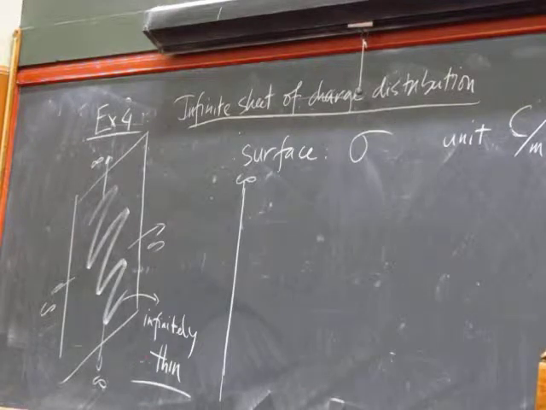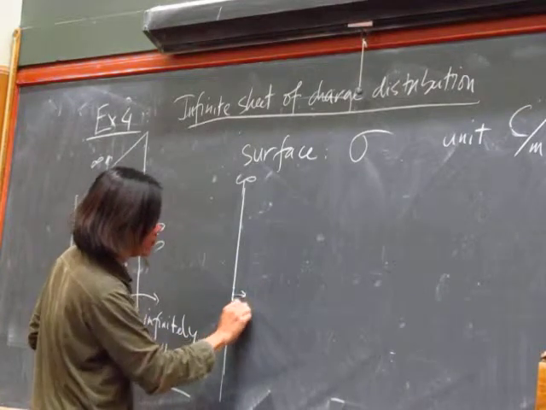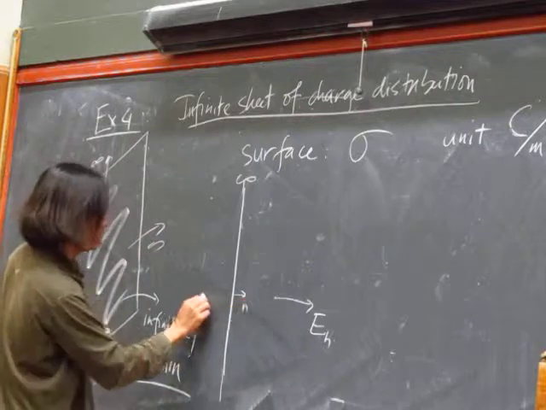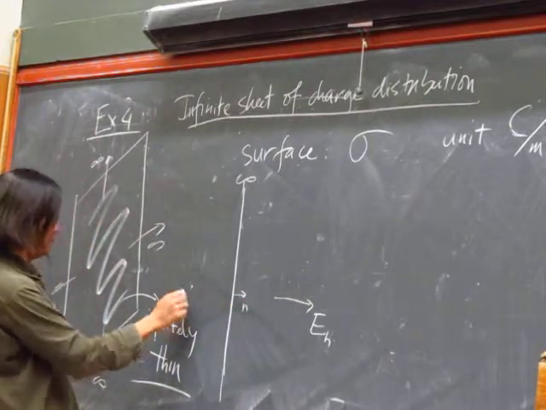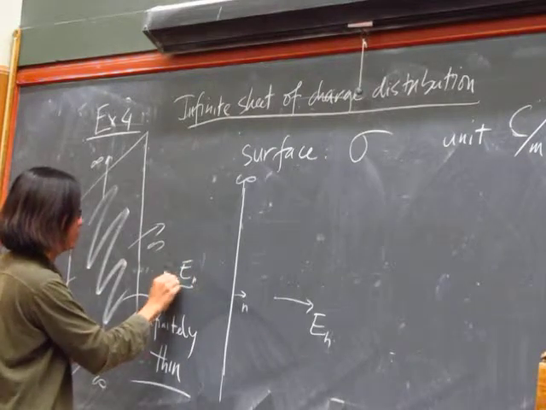Now, here is the only direction defined. What is the direction? The only unit direction here is the normal, right? This is normal. Correspondingly, on the other side it is also normal, by mirror symmetry.